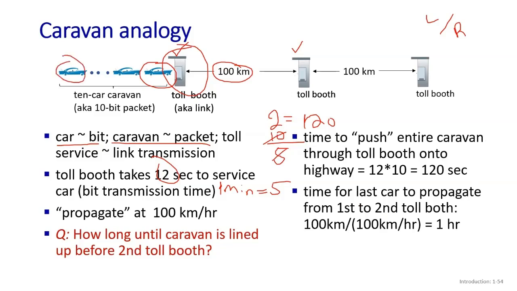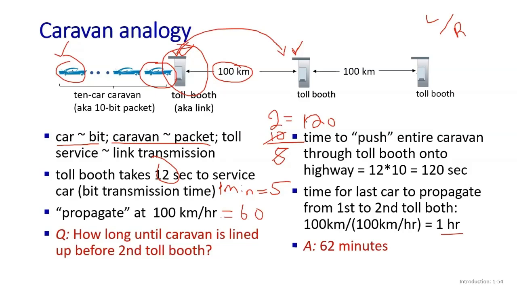Then the time for the last car to propagate from the first booth to the second booth is 1 hour, since the caravan is propagating at 100 kilometers per hour, which is equal to 60 minutes. So the total time taken by this caravan is 62 minutes: the 2 minutes of transmission plus 60.